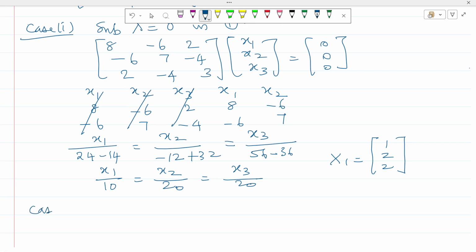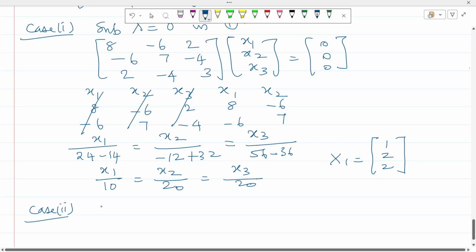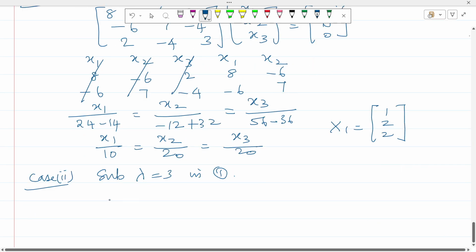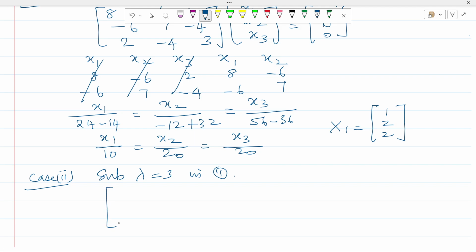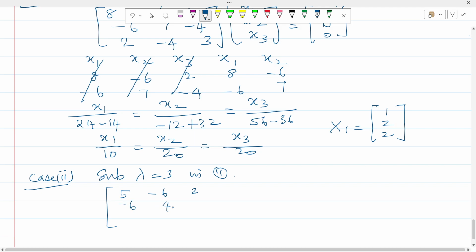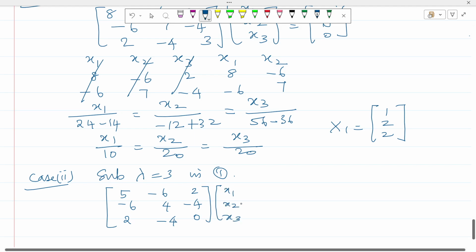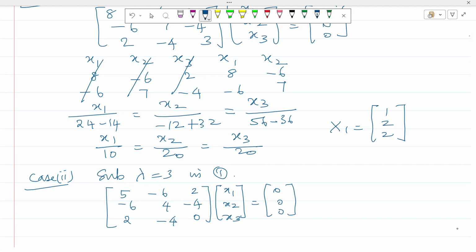Case 2: substituting λ = 3 in equation number 1, we get the matrix 5 -6 2, -6 4 -4, 2 -4 0, times x1 x2 x3.